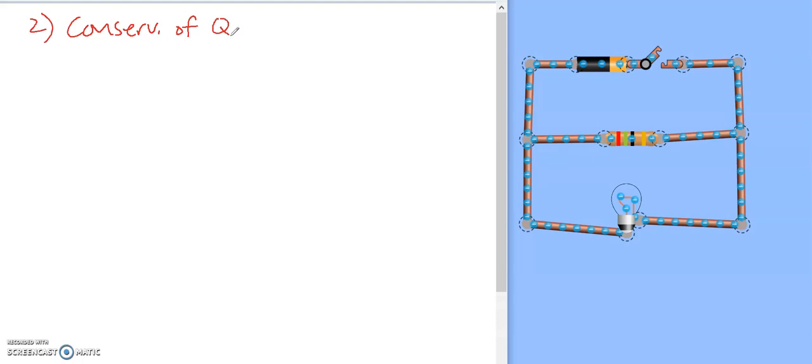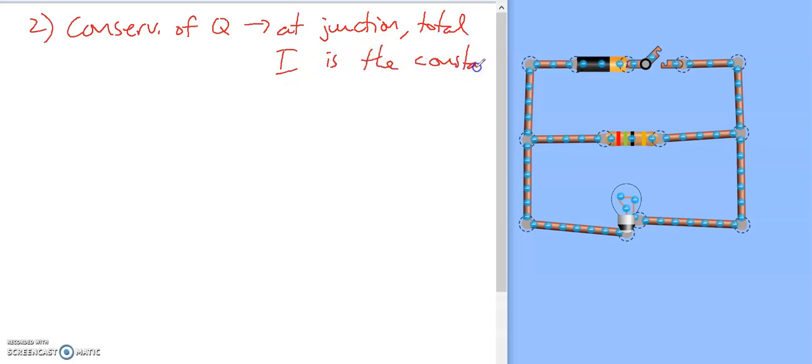Basically the idea is, when you have a junction, whenever wires split or combine, the total current in has to be equal to the total current out. So if you're at a junction of any kind, the total current is going to be constant before and after. That's one nice way to look at it.